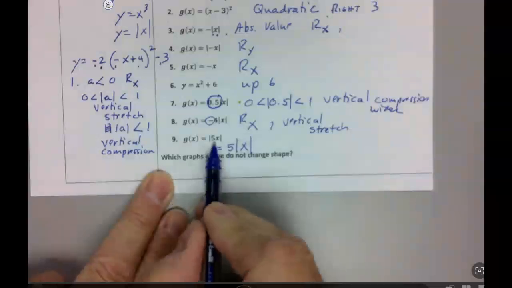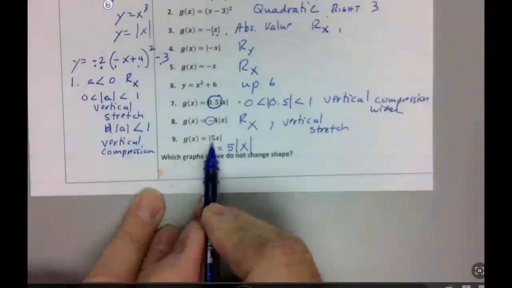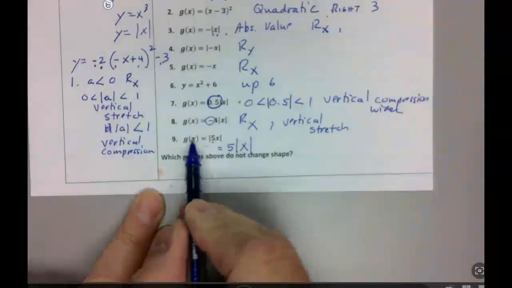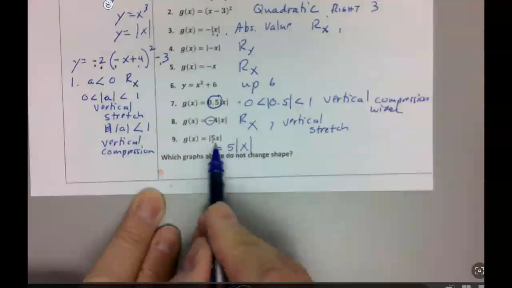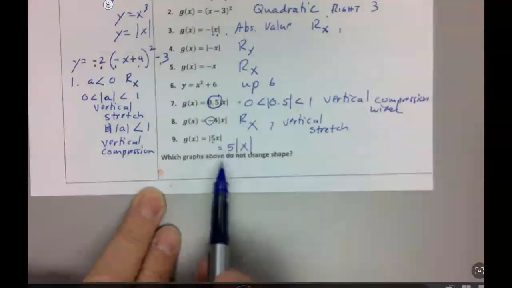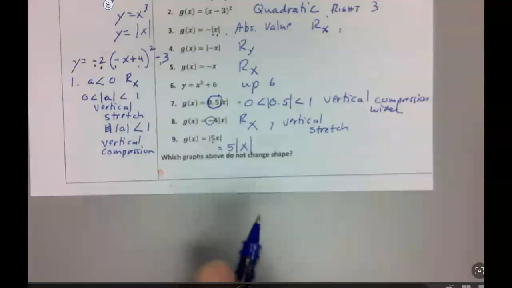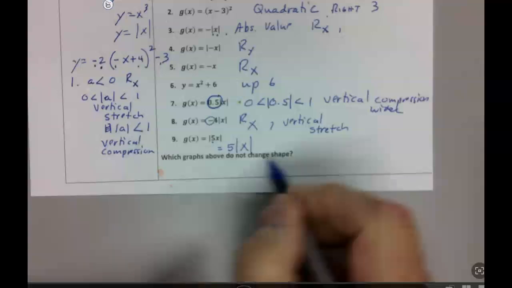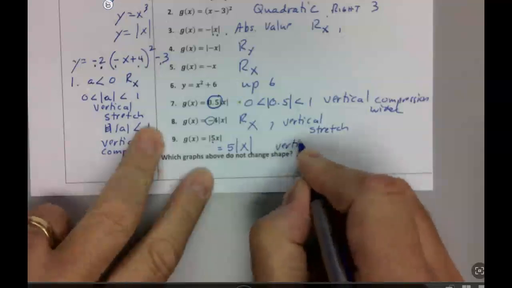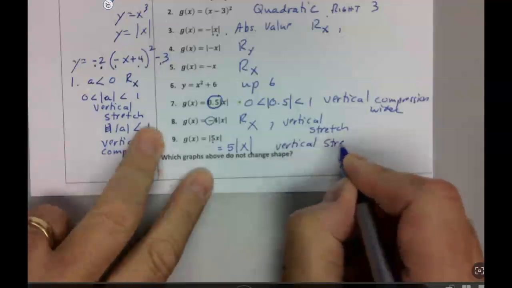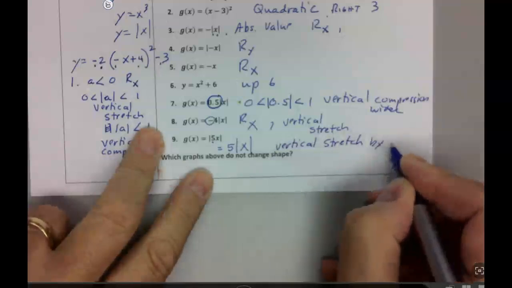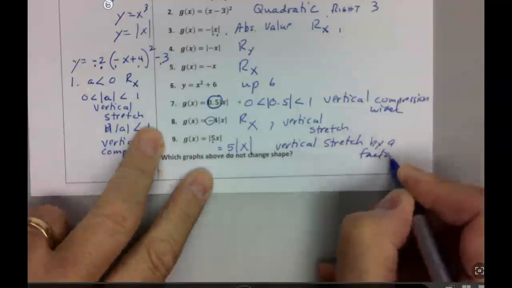This number here is never going to be a fraction in front. It's always going to be in front, okay? It's never going to be inside the parentheses or absolute value because in reality, this one here would be a horizontal shrink. But we're not going to talk about that in here, okay? So this one here is a vertical stretch by a factor of what? 5.